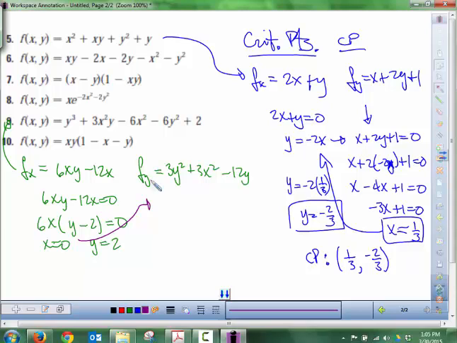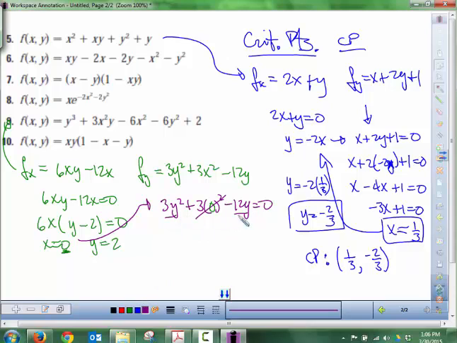So what I could do at this point is put 0 in for x and then try to figure out what y is equal to. So I need my fy to equal 0. I got 3y squared plus 3x squared minus 12y is equal to 0. And maybe in place of x, I'll put 0 in and see if I can solve for y. Right? So I have this middle term going away.